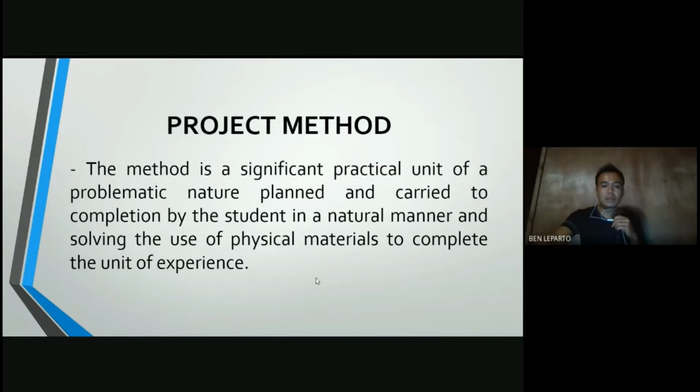One example is giving a project to the students, using physical materials to complete the unit of experience. An example is an experiment or any other activity that uses physical materials in order to complete that activity.